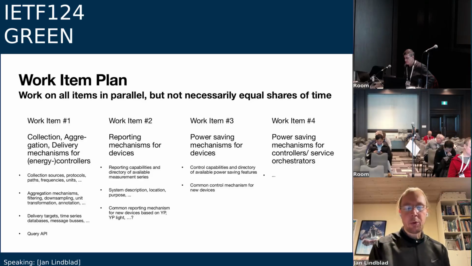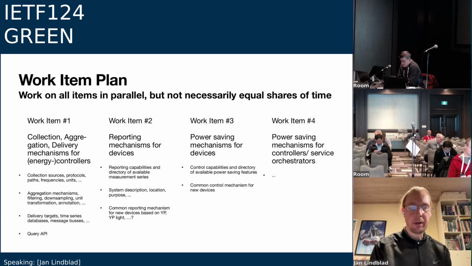So we divided up the work that we see into 4 areas. We call them work items 1, 2, 3, and 4. Work item 1 is on the collection and aggregation things that are going on the controller side. Work item 2 is the interface on the devices themselves.